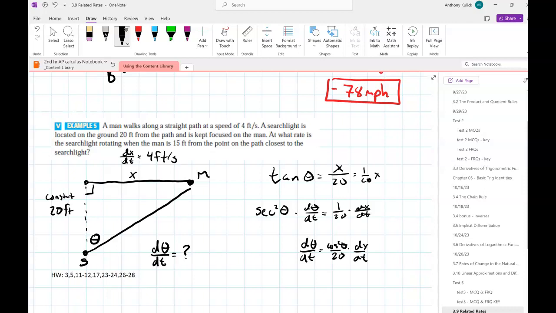So far, so good. How do I find cosine squared theta? Well, cosine is adjacent divided by hypotenuse, right?